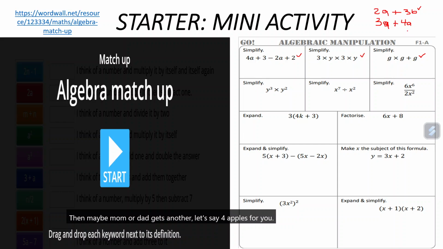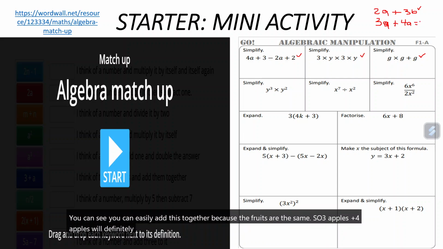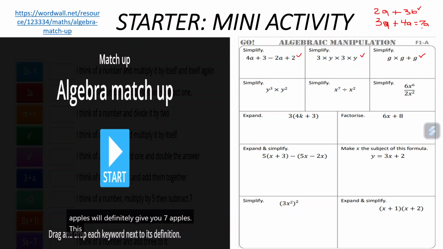You can easily add these together because the fruits are the same. So three apples plus four apples will definitely give you seven apples. This is practical. This is normal. You can always do this and it makes sense.